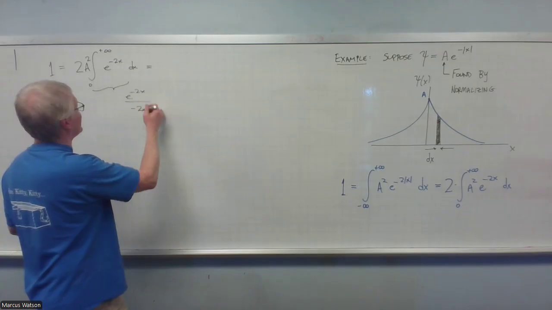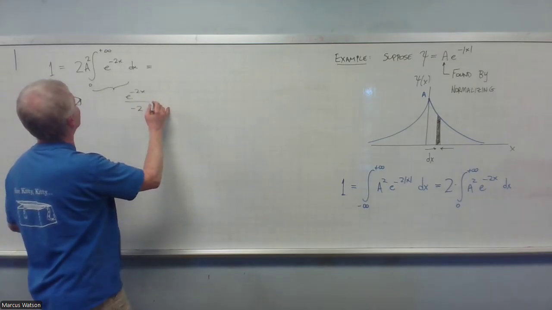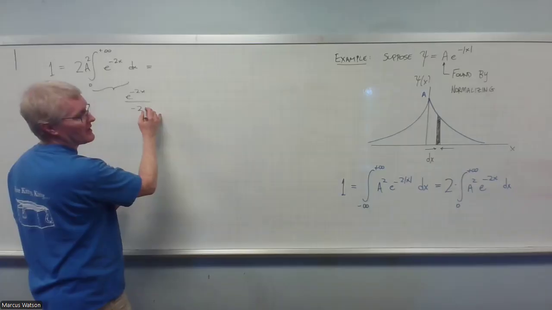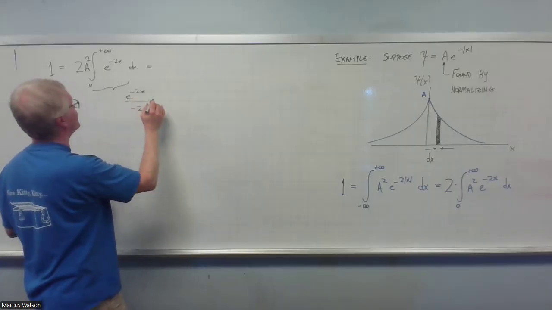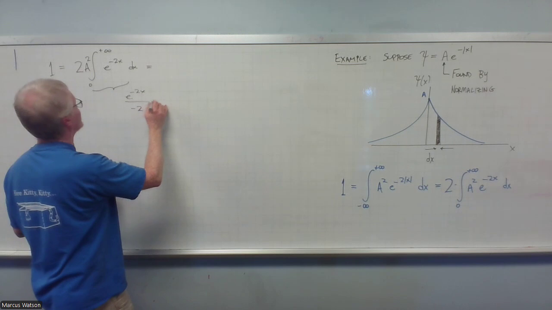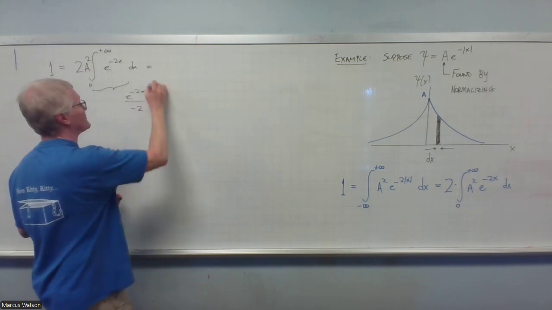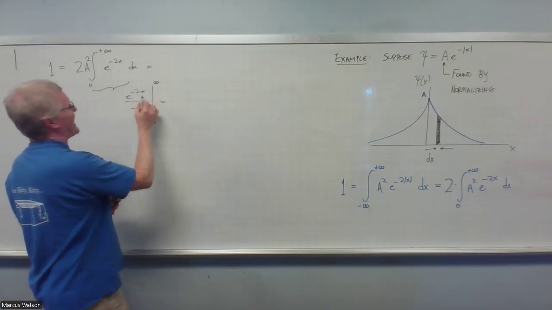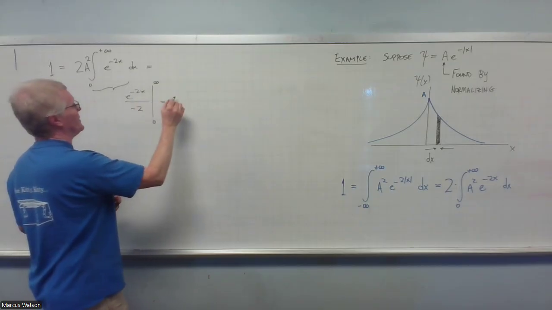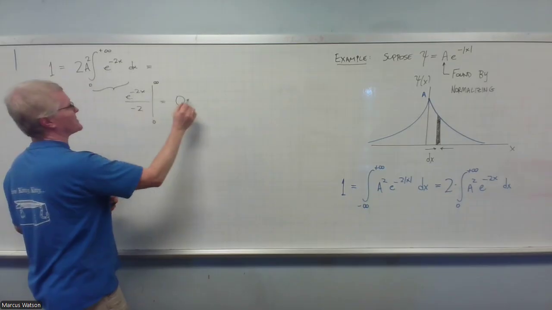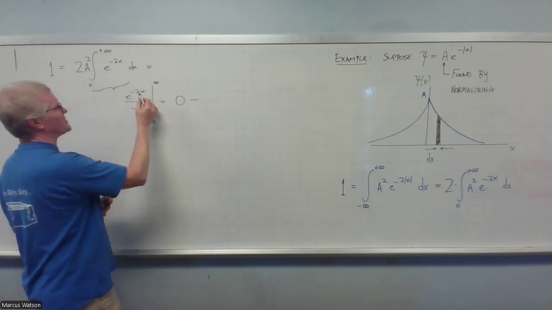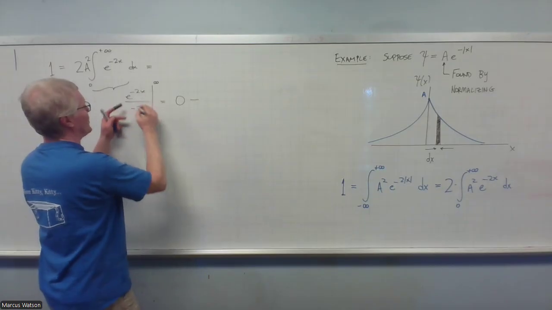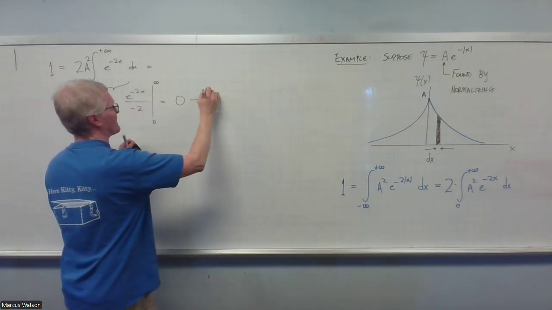So let's do this. I would get e to the minus 2 here, and that's going to cancel with the 2 out in front. And I'm going to evaluate this thing from 0 to infinity. All right, so if I evaluate it at infinity, this becomes 0. And then I'm going to subtract off the value at 0, which is 1, and that's going to be 1 with a minus on it.